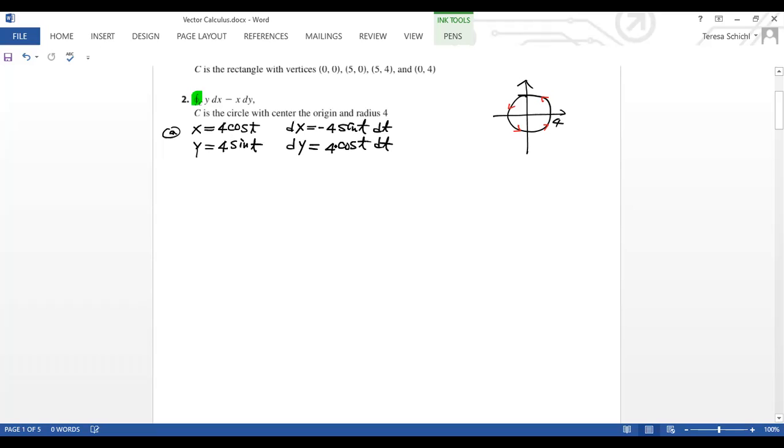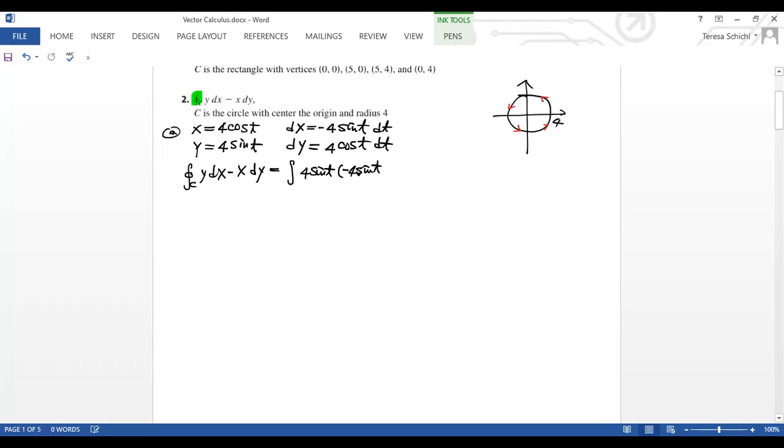Okay, so the direct method means we use the parametrization and change everything to one single variable. So here, this is C, the integral of y dx minus x dy. So y is 4 sine t, dx is times negative 4 sine t.